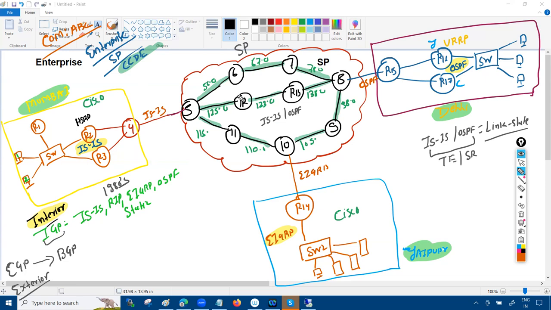In that case, you need to do a huge amount of redistribution on router 5, on router 5 and router 8, and on router 14 and router 10, because different routing protocols require redistribution.